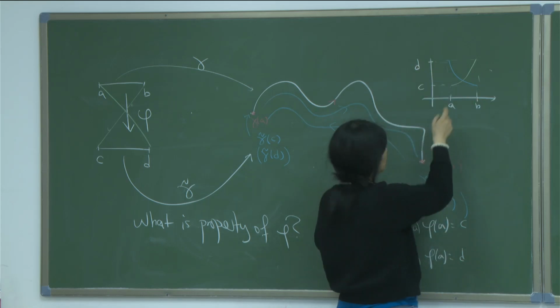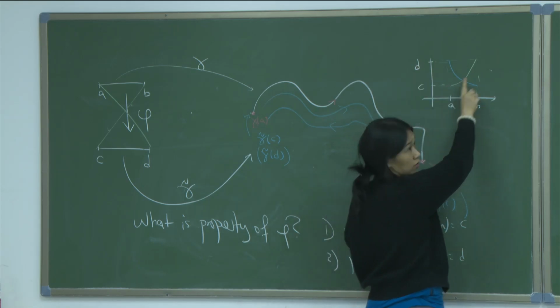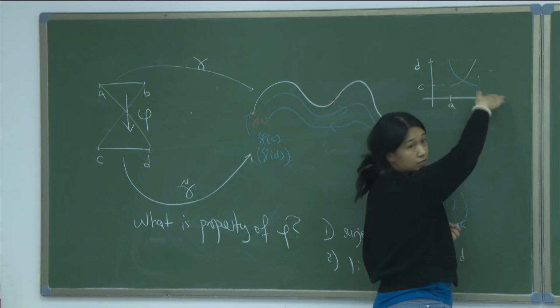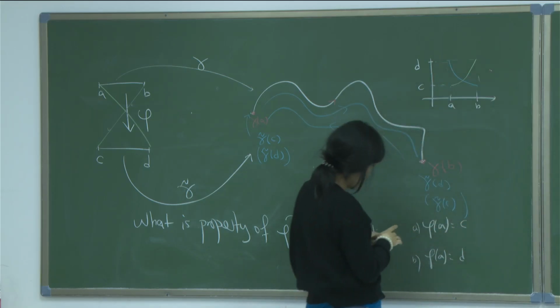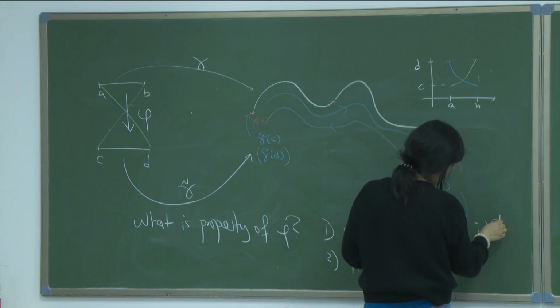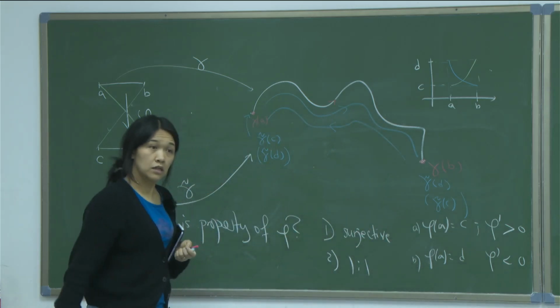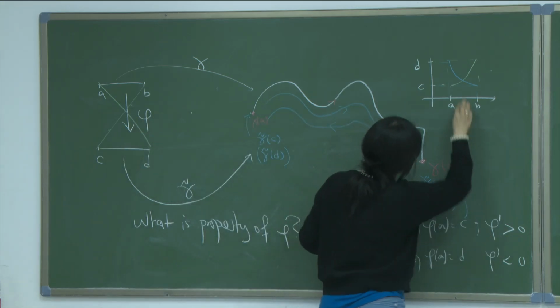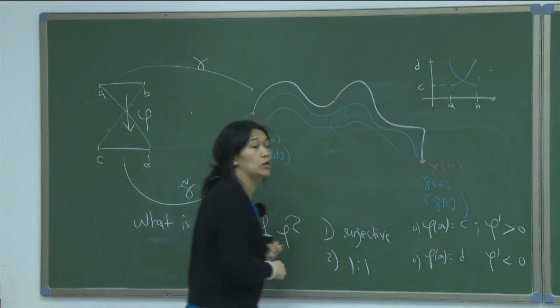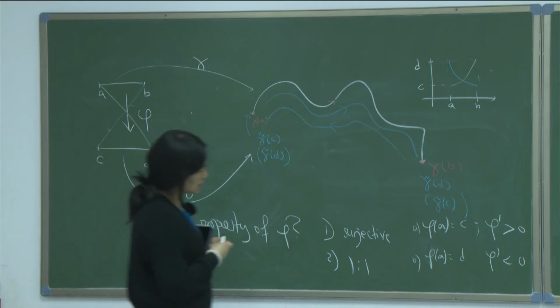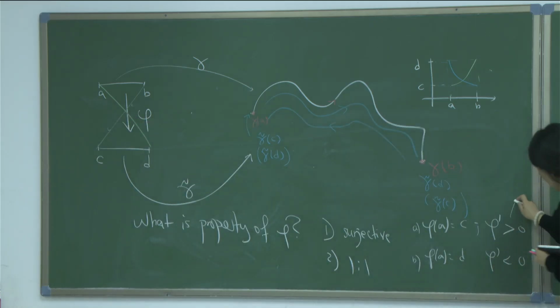So you have either it's always growing or it's always falling. If it's differentiable, the first case would correspond to phi prime bigger than 0, and the other to phi prime smaller than 0. That would automatically give that it's also injective, one to one. This case is called orientation preserving, and this one is called orientation reversing.